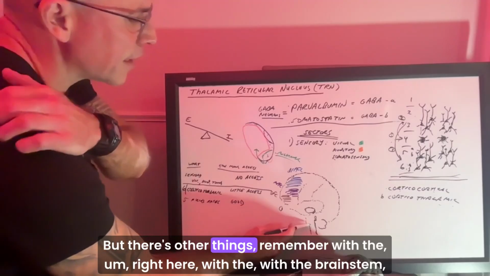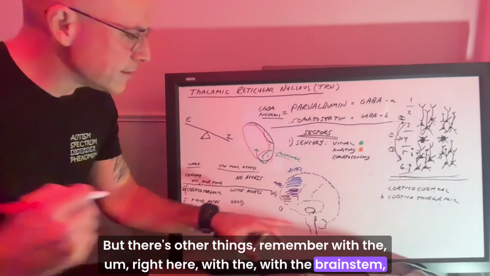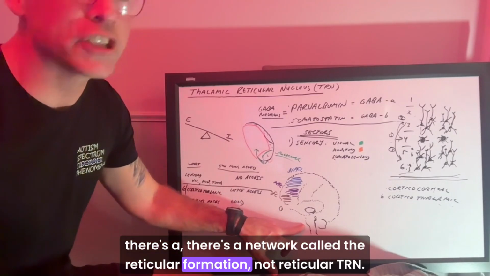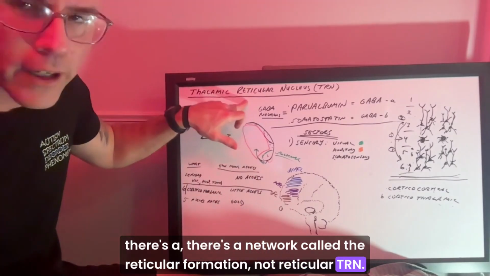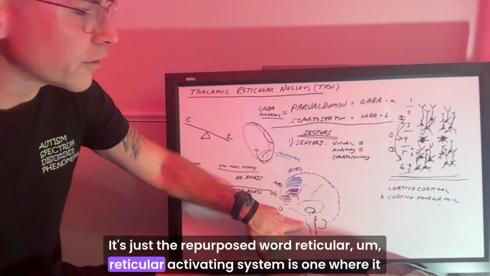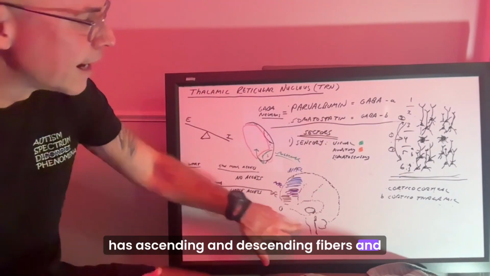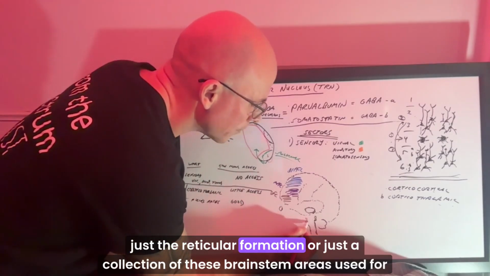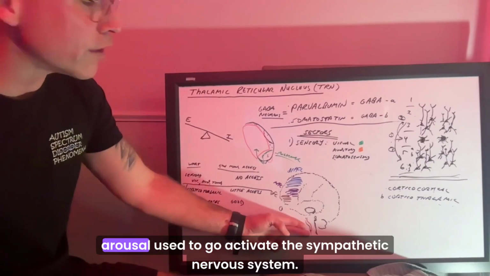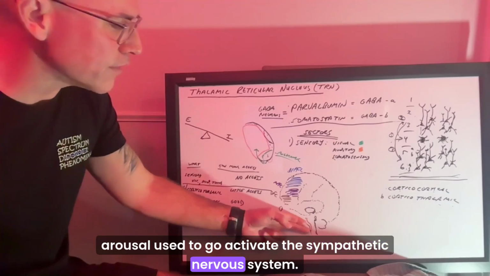But there's other things. Remember with the brainstem, there's a network called the reticular formation, not reticular TRN. It's just a repurposed word, reticular. The reticular activating system is one, where it has ascending and descending fibers. And the reticular formation is just a collection of these brainstem areas used for arousal, used to activate the sympathetic nervous system.